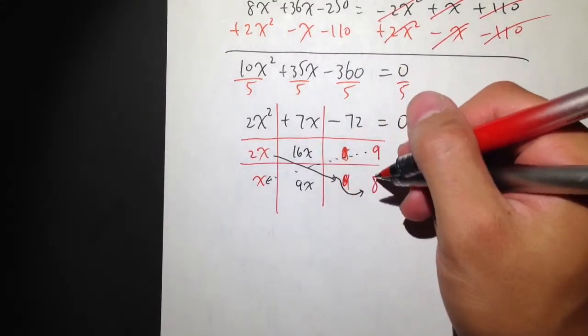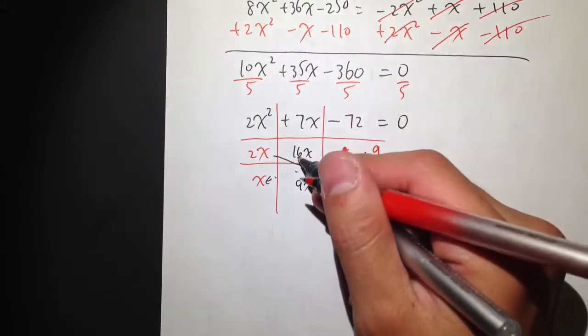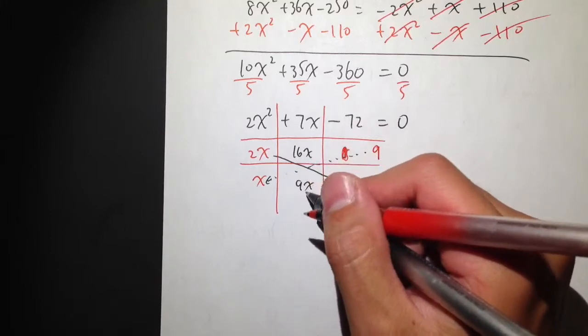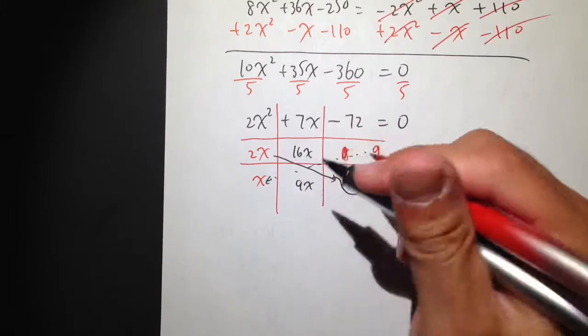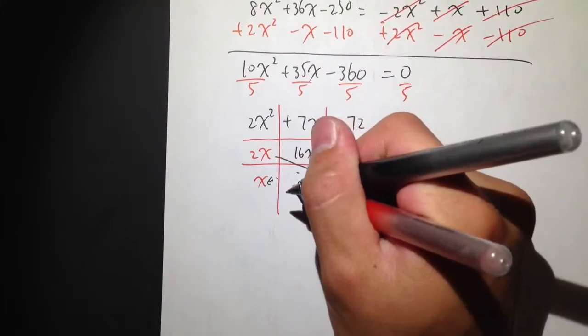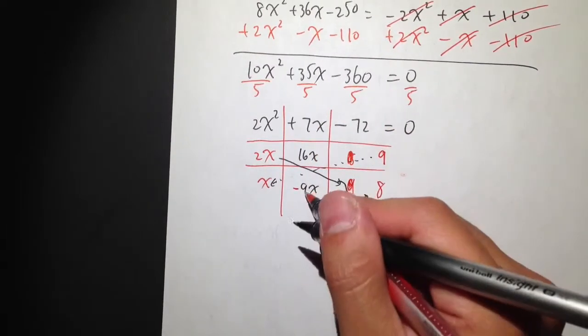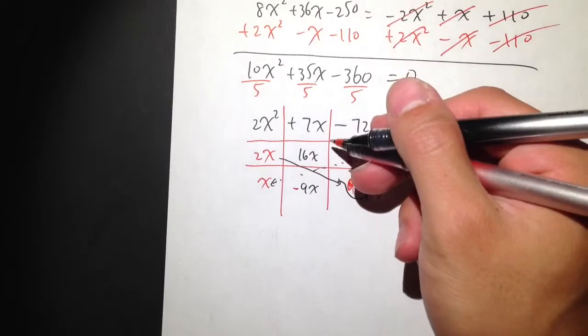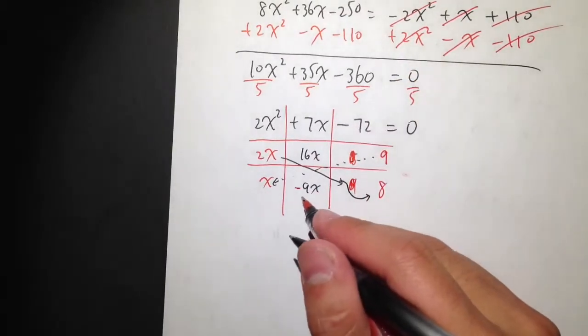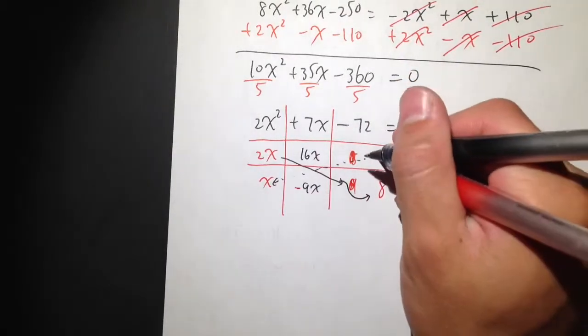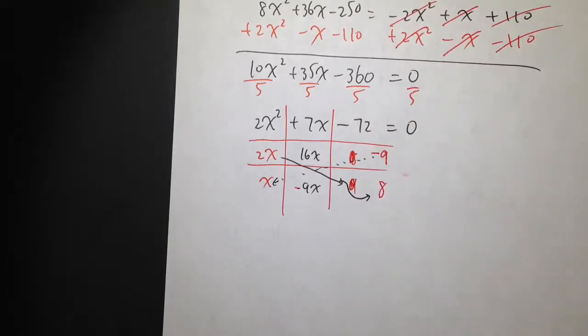I haven't put on negative yet because I want to see I have 16x and 9x. If this 9 was negative here, then I will be able to produce my 7x. In order for this to be negative 9x, I will have to make this negative.